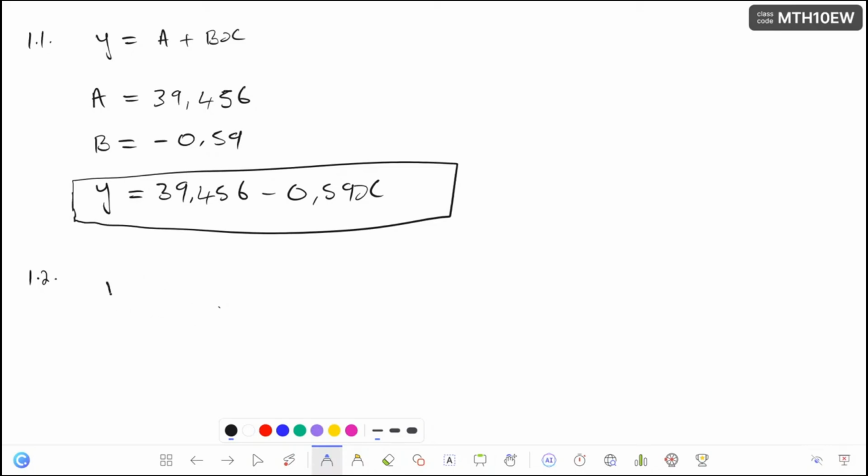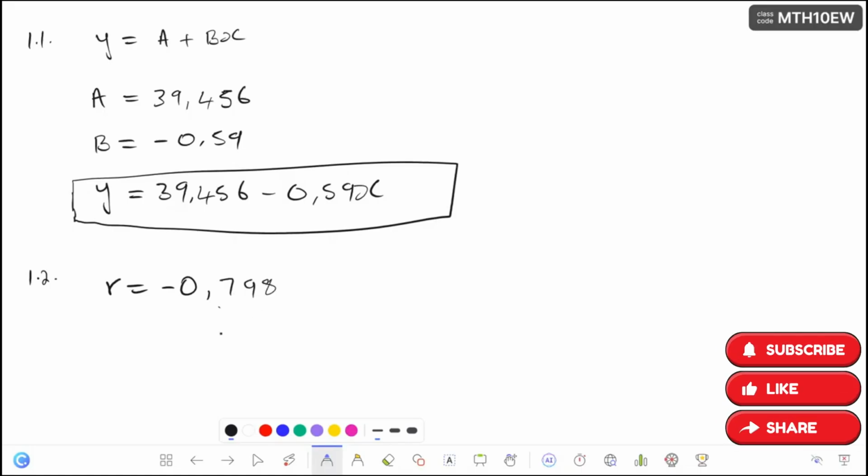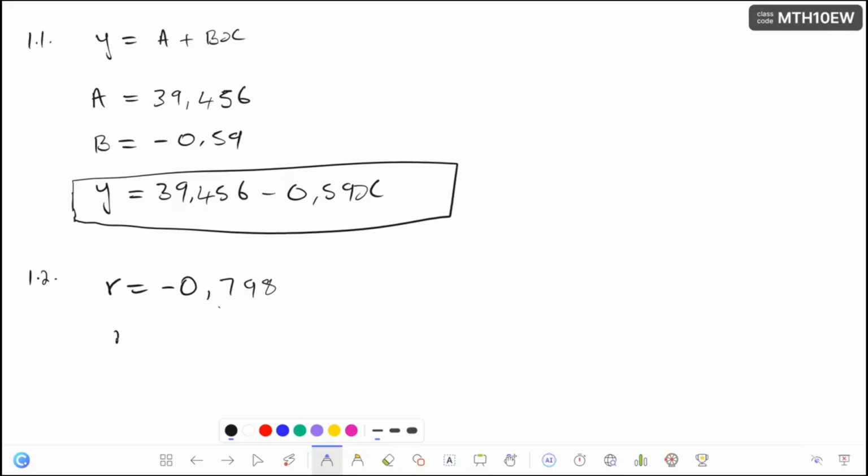We find our R to be negative 0.798. But if they say round to 2 decimal places, our R is going to be negative 0.80. This is our correlation.